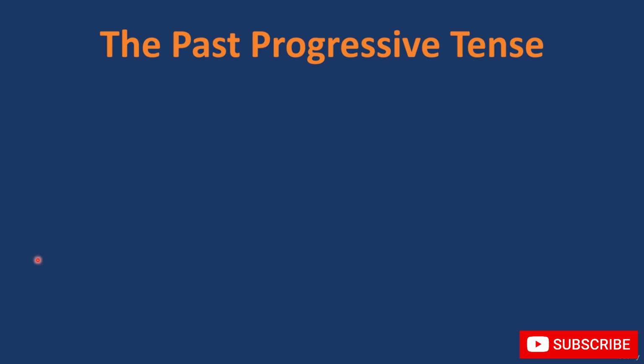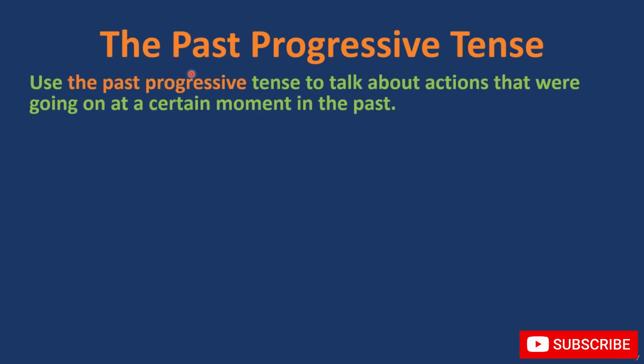The past progressive tense, we can say past continuous or past progressive. Both names are right. Again, past progressive or past continuous tense. We use the past progressive tense to talk about actions that were going on at a certain moment in the past.